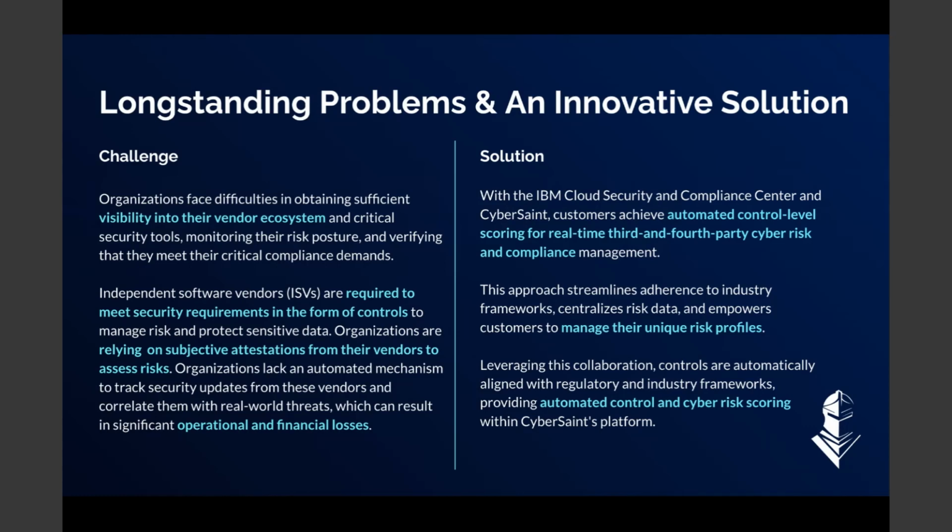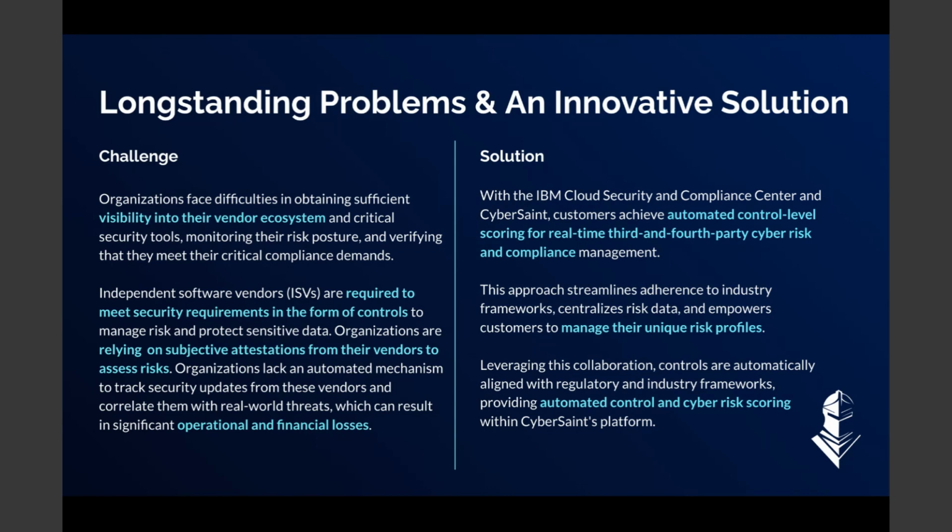Let's automate those controls. Let's get the data in. Let's baseline ISVs, third-party, fourth-party vendors inside a solution, and then view risk in near real-time. So organizations have historically lacked a mechanism to do this. IBM can do this. And in our partnership, we now pull in the data in an automated fashion.